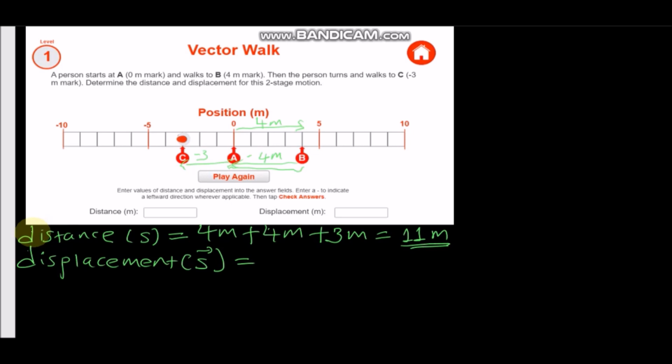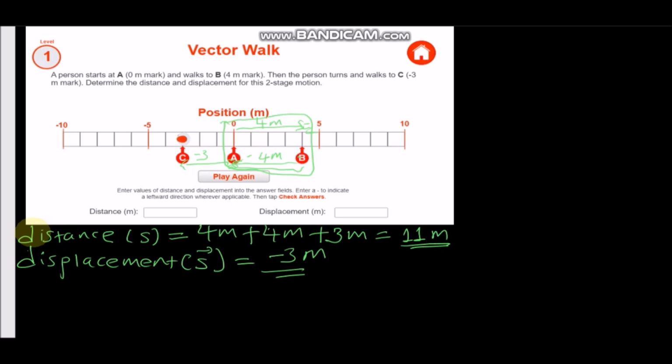That means the displacement is minus 3. Just look at minus 3 meter. Look at the path that the person covers. The person goes from point A to point B 4 meter towards east, then back to west 4 meter.